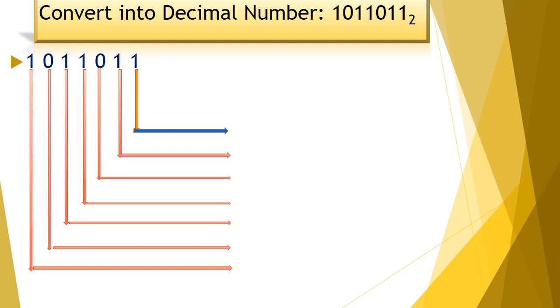So in the given question, the rightmost digit is 1. We multiply this digit 1 by 2 raised to the power 0. The value of 2 raised to the power 0 is 1.